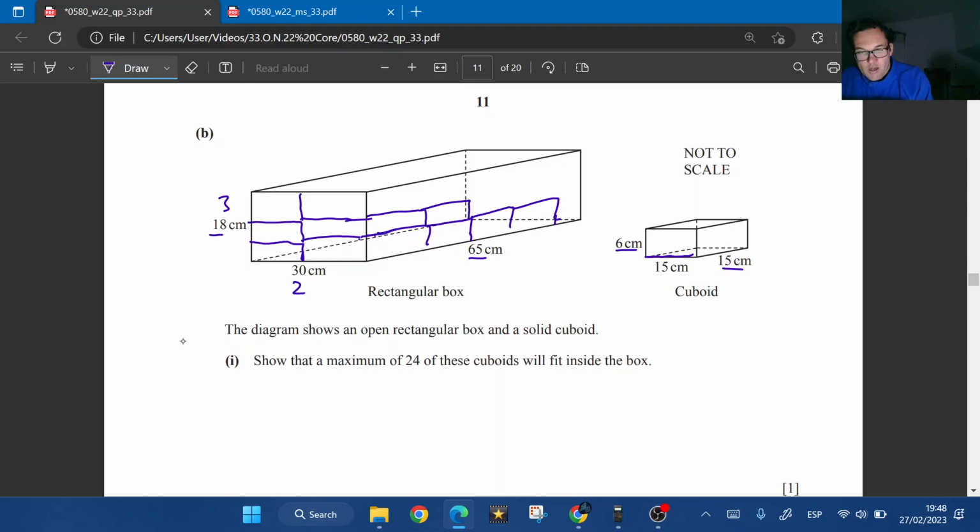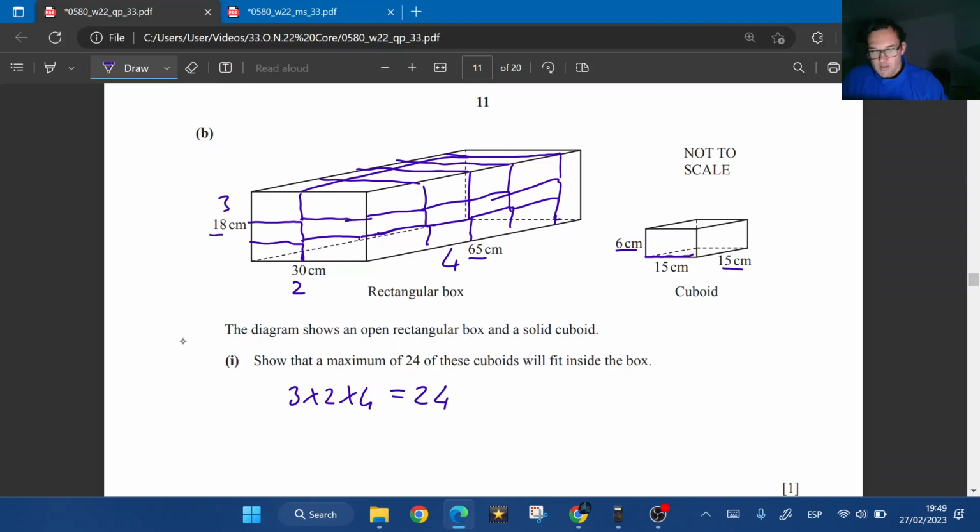Remember, that's 3 high. So they will fit like this, and there will be a space left at the end, 0.3 recurring, a third of a box space left. So now you can imagine me stacking it in there. So 3 boxes high, 2 boxes wide, and 4 boxes long. Now we can multiply 3 times 2 times 4 is 24 boxes.